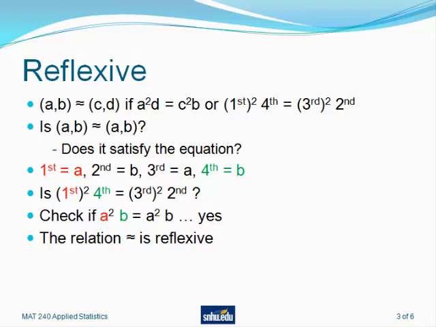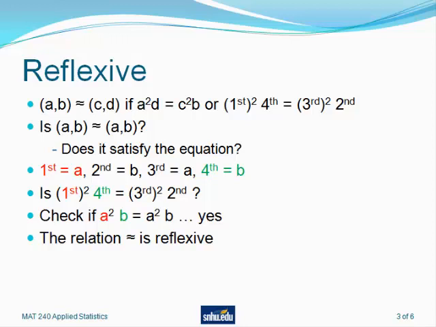So reflexive is AB equivalent to AB. Well, let's plug them in. The first is A, the second is B, the third is A again, and the fourth is B again. I'm just reading AB equivalent to AB from left to right and identifying the four terms as the first, second, third, and fourth.